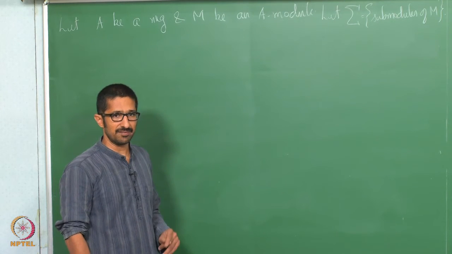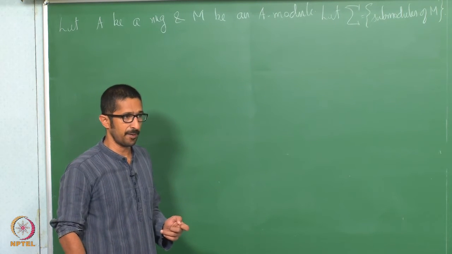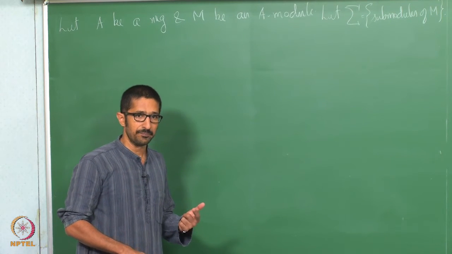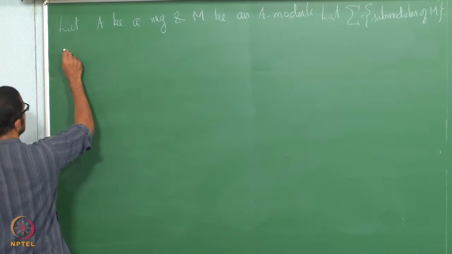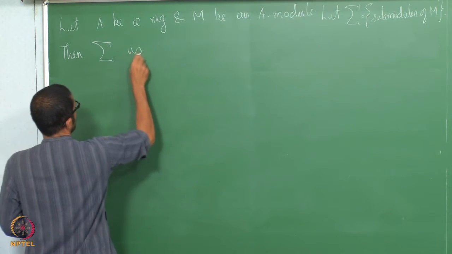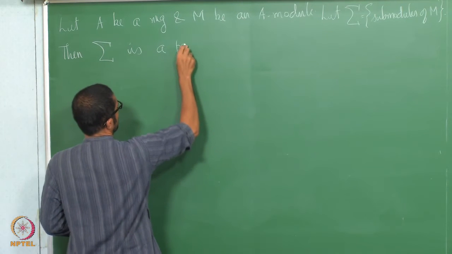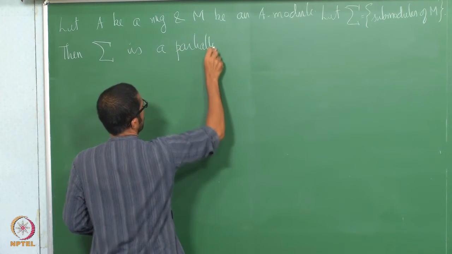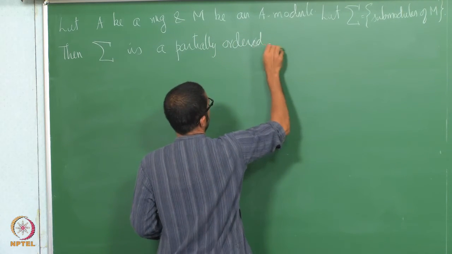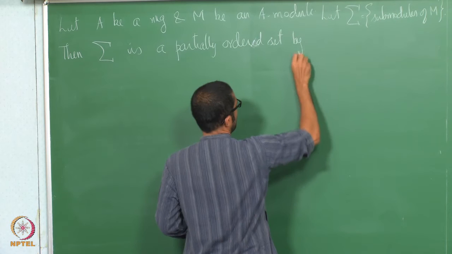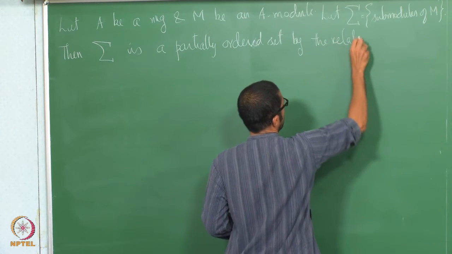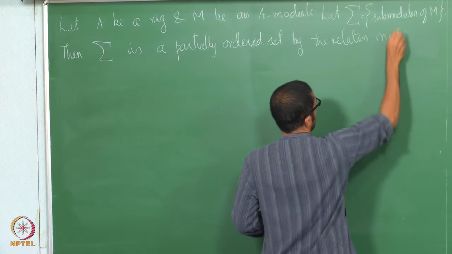Partially ordered set by what relation? The inclusion. So, sigma is a partially ordered set by the relation inclusion.